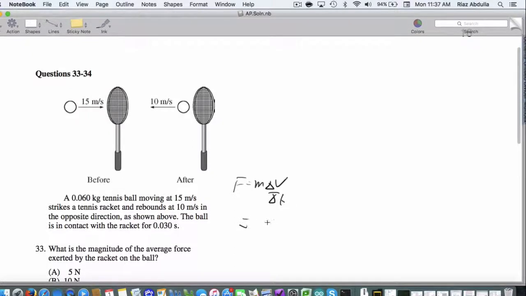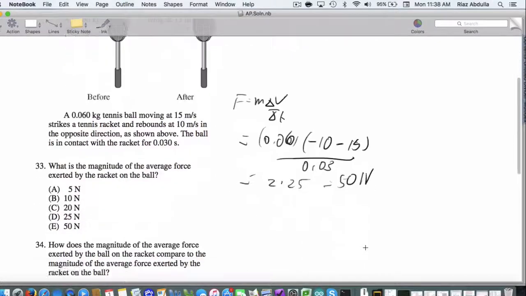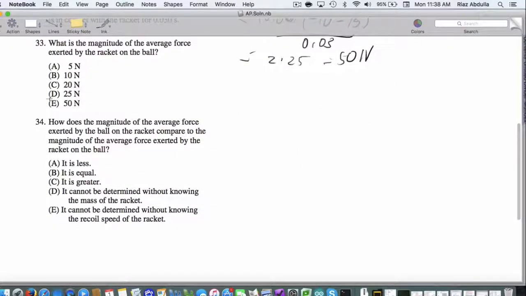That's going to be 0.06. Careful, we go 0.06, and let's be really careful. We go out at 10, but we came in at 15. And that's all over 0.03. So that's going to be 2 times 25, which gives us 50 newtons worth of force.